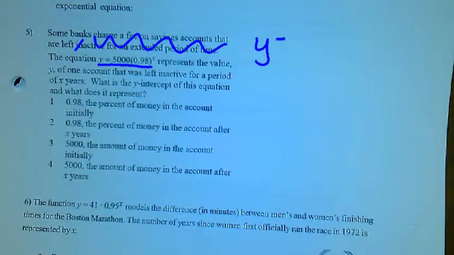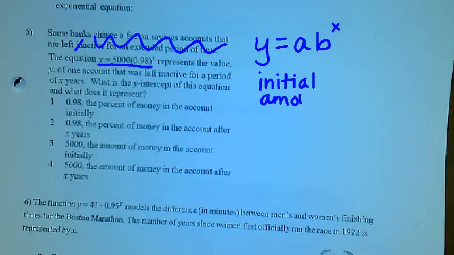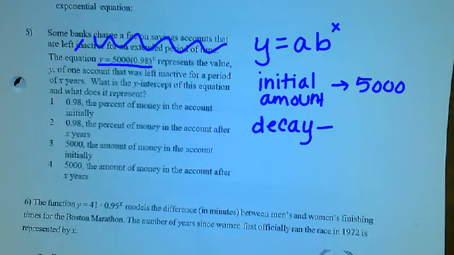So just to remind yourselves, a times b raised to the x power. So what I can see is that the initial amount is 5,000. I know this is going to be decay because b is less than 1.